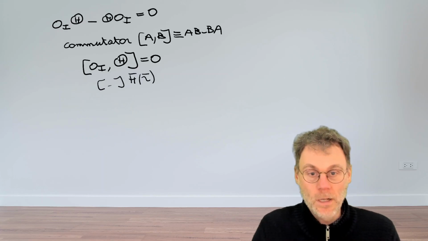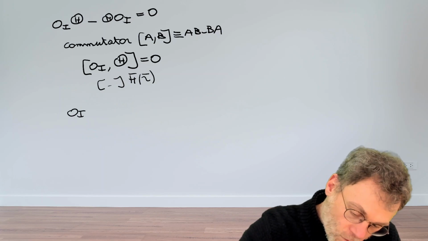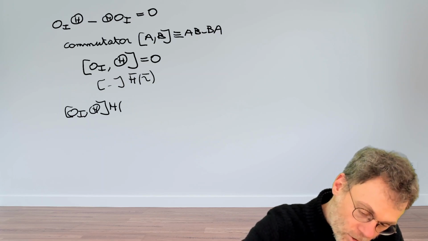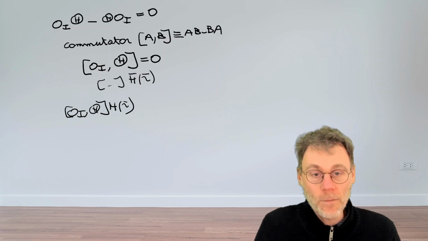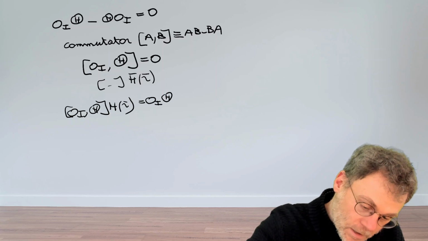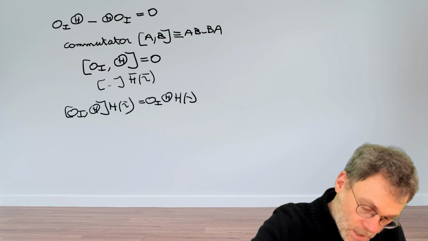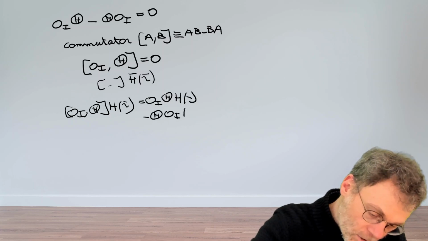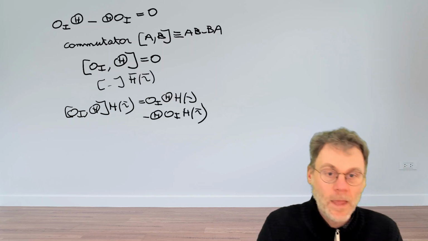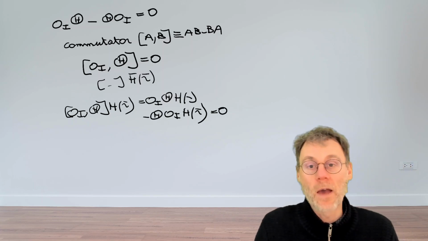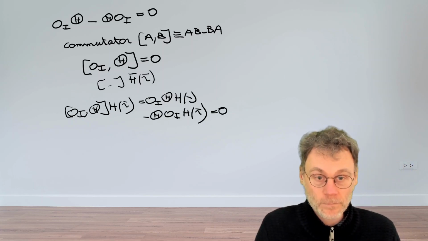All right, let's go. So if we have the commutator of OI and theta, and we operate on a certain field, by definition, what this will give us is OI theta h minus theta OI h. Okay. And we know that this thing is equal to 0 if we have symmetry in the system.